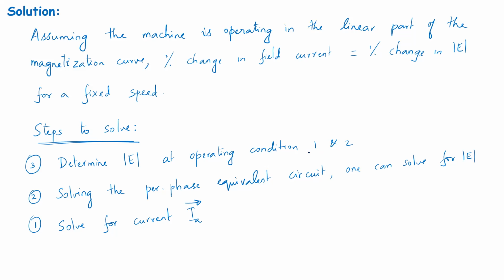This ratio is going to be the same for field current as well, because we have assumed that the machine is operating in the linear part of the magnetization curve. So the steps are: first solve for current IA, then solve for excitation EMF, then find the ratio of E.